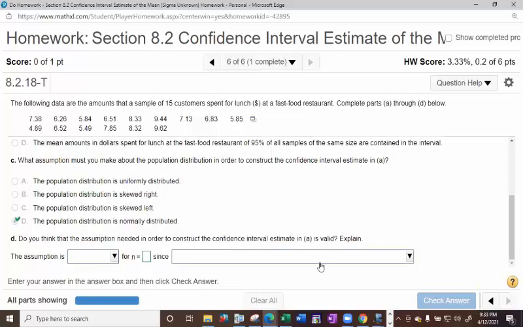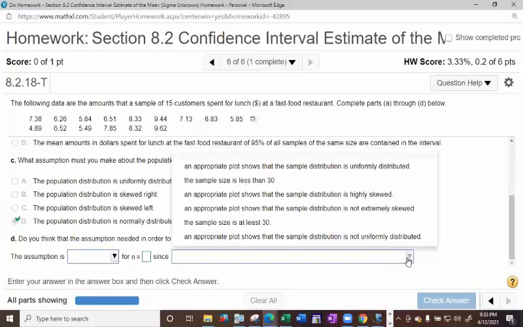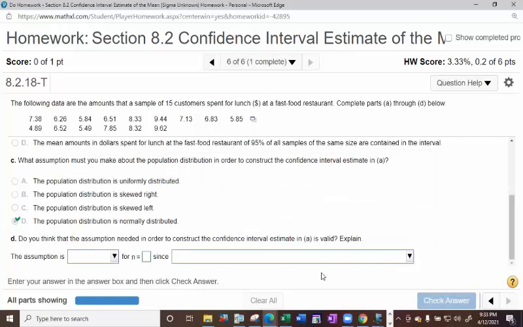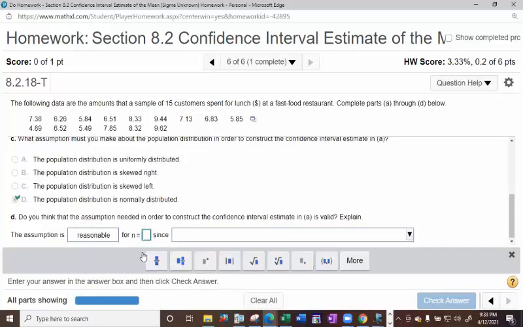Let me read this. Ooh, this one's tricky. Do you think the assumption is needed? Oh, the assumption is needed. Yes, it's definitely needed, or is reasonable, for n equals 15.